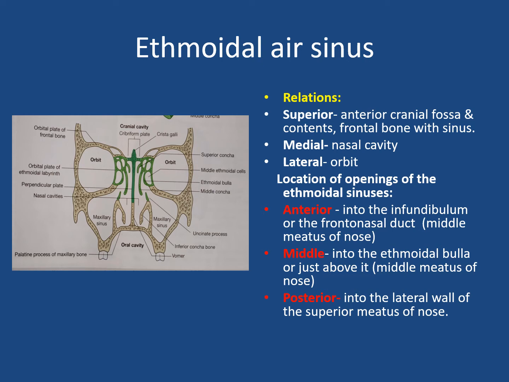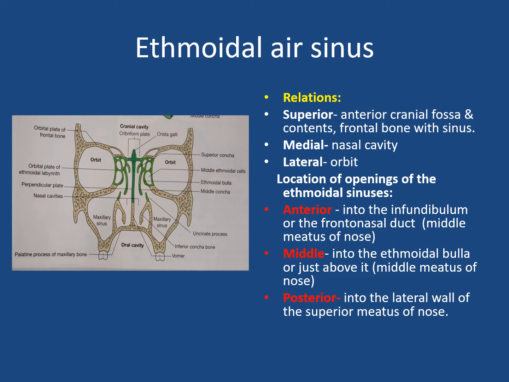So as for the relations of the ethmoidal air sinus, superiorly it is related to the anterior cranial fossa and its contents, the frontal bone with the sinus. If you look at the diagram, the green portion represents the ethmoidal air sinus. So you try to relate the ethmoidal air sinus to its superior, medial, lateral, all these relations.